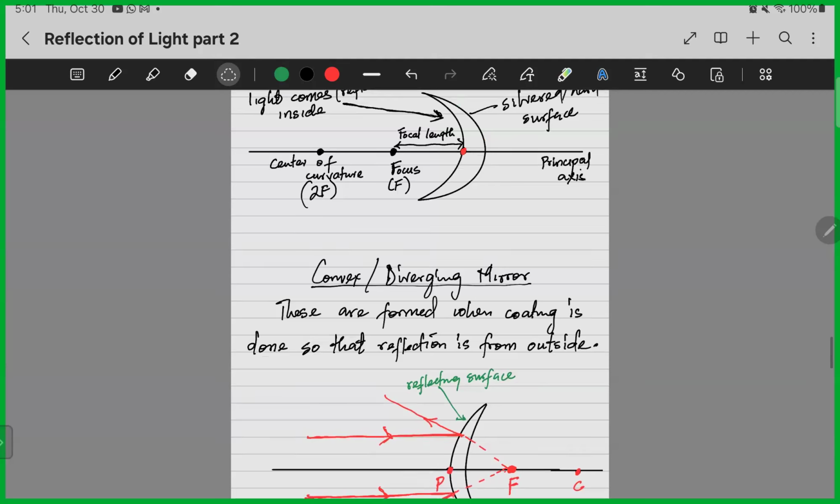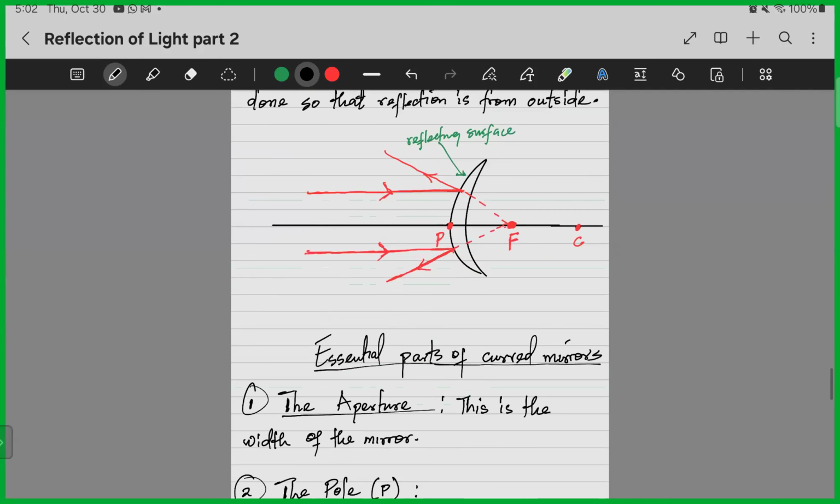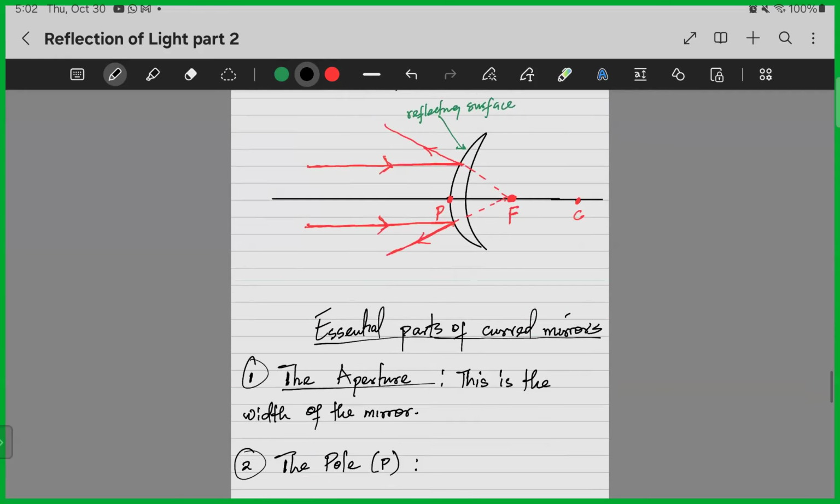So when we're talking about width, of course you can tell. See this? That's how thick the mirror is. You get it? Same applies to the other one. So that's the width of the mirror.